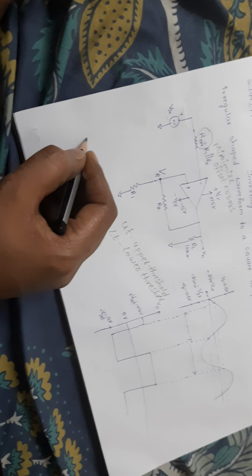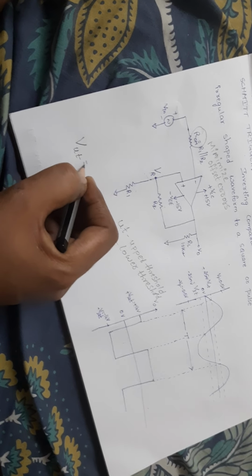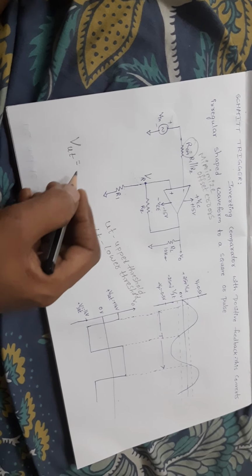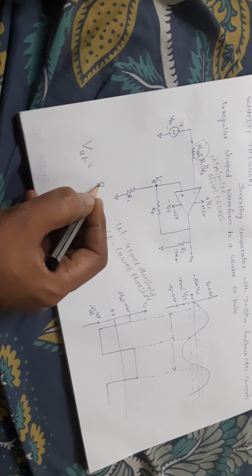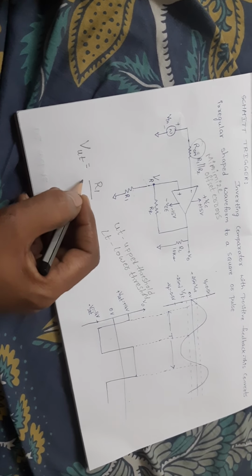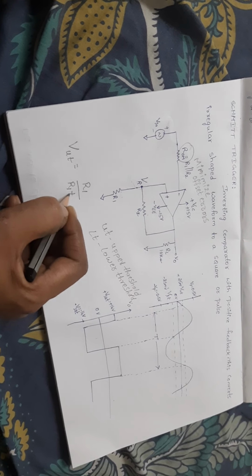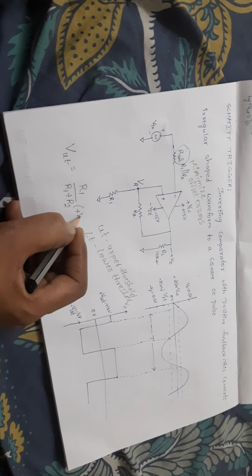See, this upper threshold voltage is nothing but V upper threshold. We can say that when VIN is less than the upper threshold, we are at plus Vsat, right? So the upper threshold equation is written as R1 by R1 plus R2 into plus Vsat.